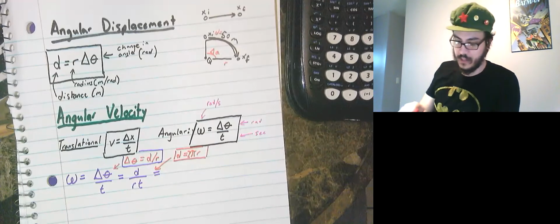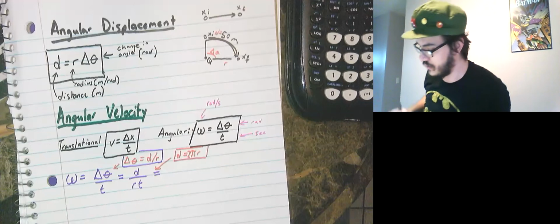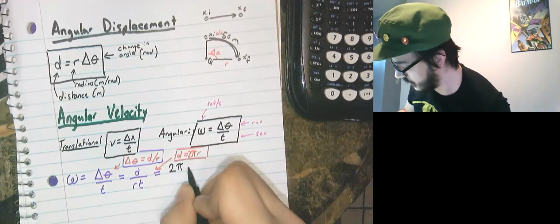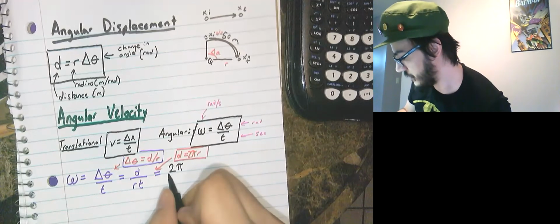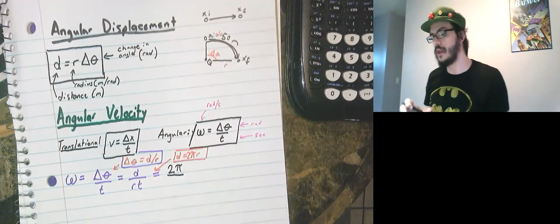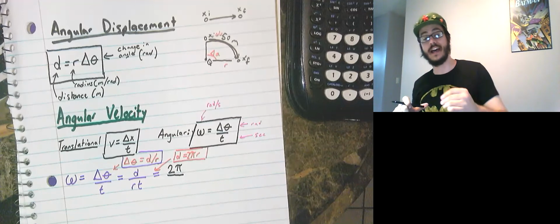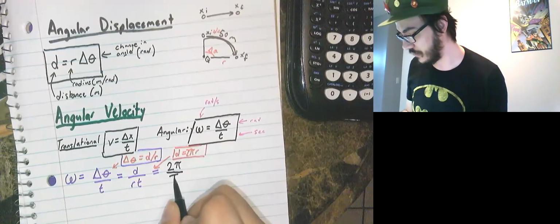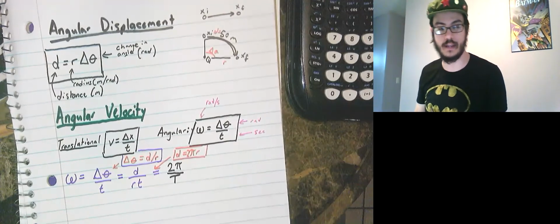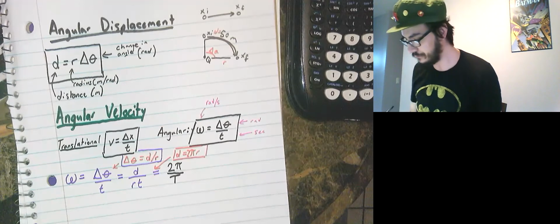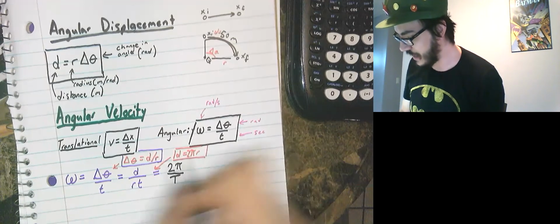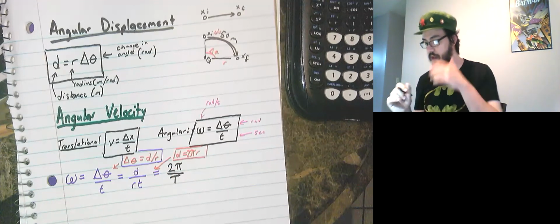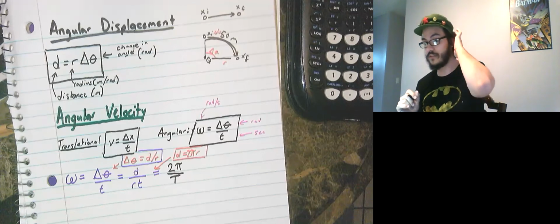When we plug that in, we get the final useful transformation of this: 2 pi r, but we have an r on the bottom, so it'll cancel, over t. But this t now describes the time taken to go in the circle. Of course, if it's period, we should capitalize it because it's the full period. Any repeating amount of time is given a T. So if we have full circles, 2 pi over T, kind of interesting that radius cancels out there.